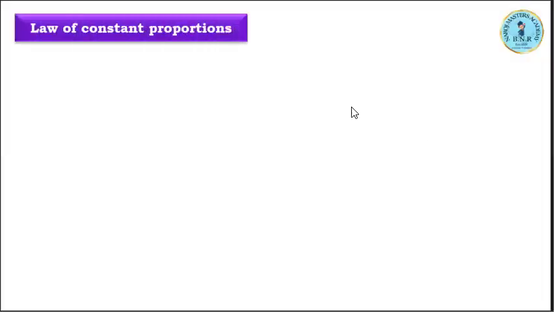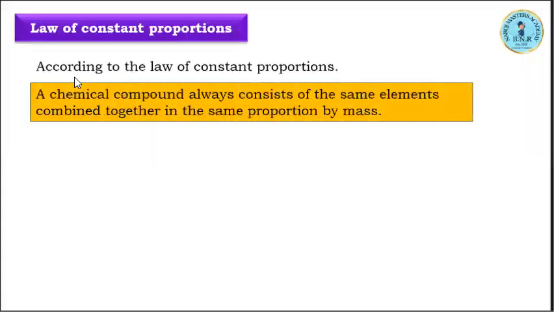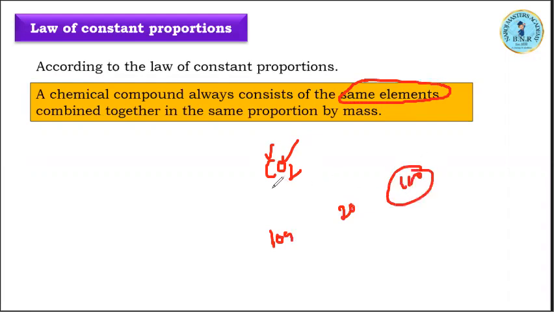According to the law of constant proportion, a chemical compound always consists of the same elements. If you say carbon dioxide, it always consists of carbon and oxygen only. Whether you take 10 grams, 20 grams or 100 grams, there is no change in the proportion of carbon and oxygen.